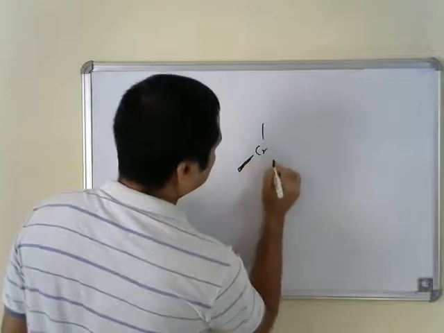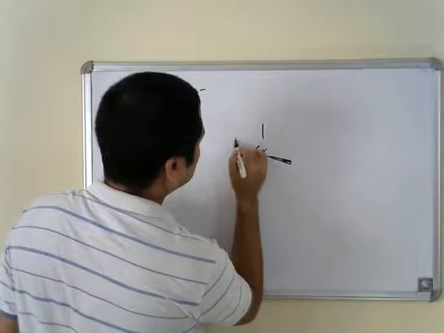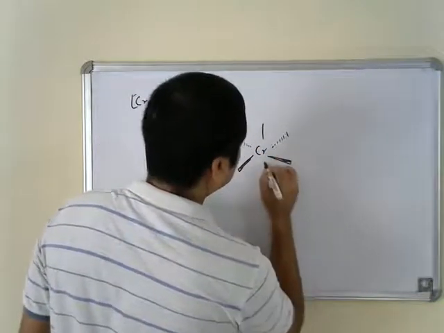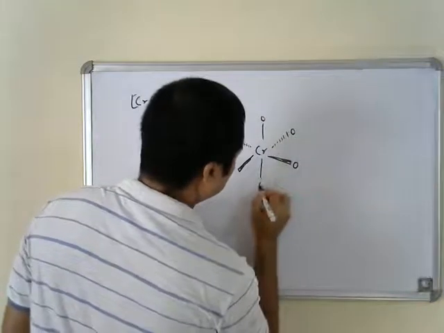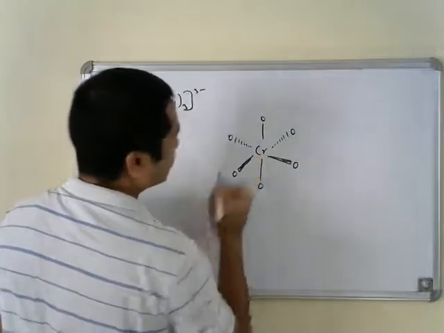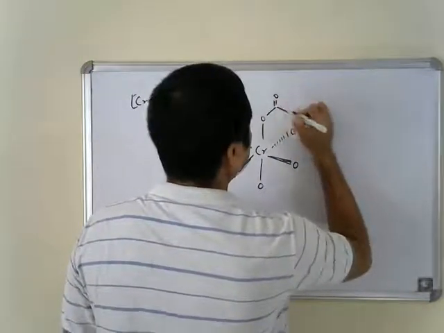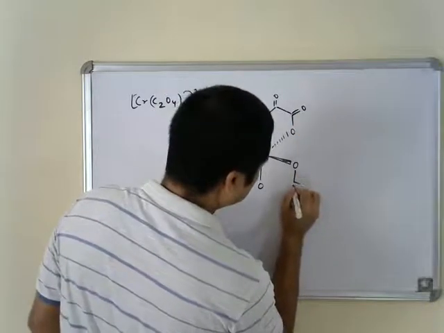Let us draw the octahedron first. The donor atoms are oxygen, and then let's draw the oxalato ligands.